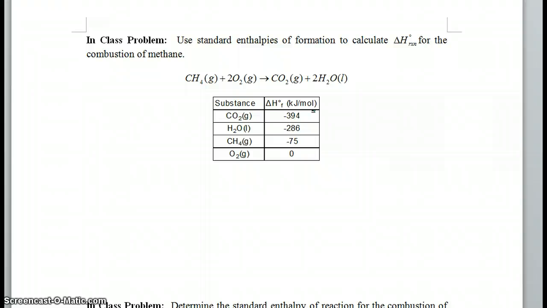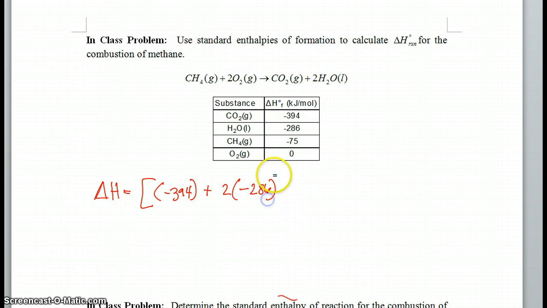Okay, so remember it's products minus reactants, so equals, okay, we'll leave off the plus 2 times the enthalpy of, okay, and then I'm subtracting the reactants. So CH4 is negative 75 plus O2, which is just 0.